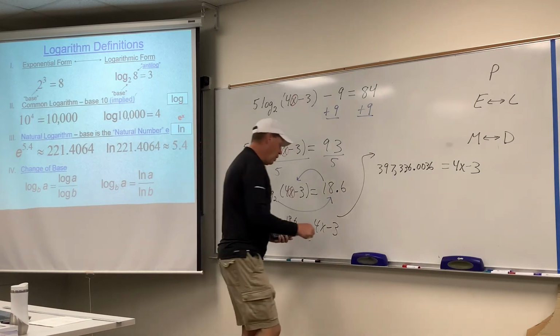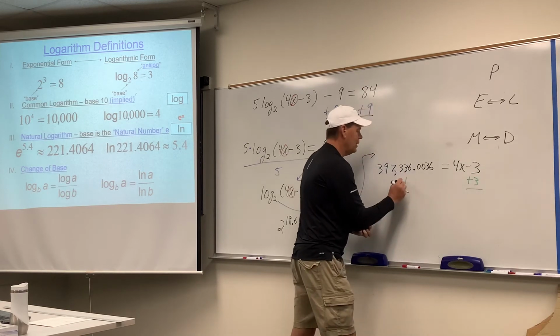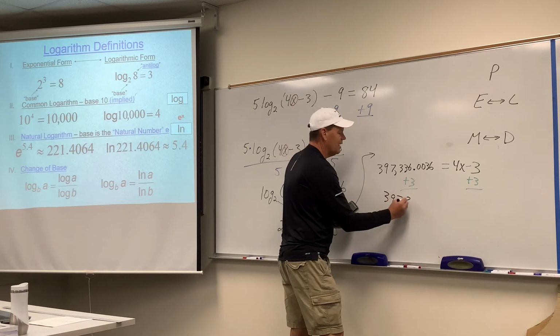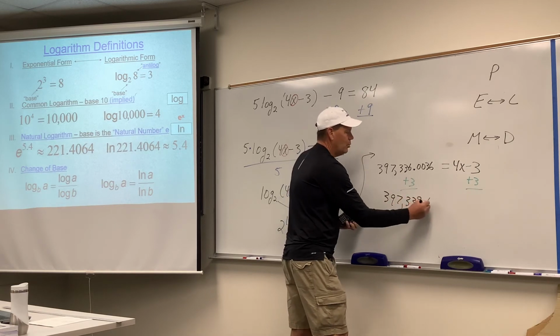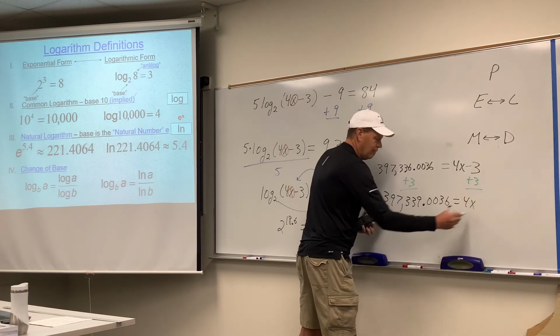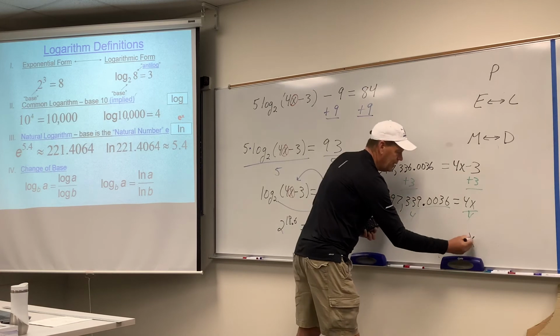And then, of course, you hopefully would know the remaining steps would be to add the 3 at this point, which will give us, I can do that in my head, 397,339.0036 equals 4x, and then of course divide by 4 to finish it out, and we'll have our completed value of x.